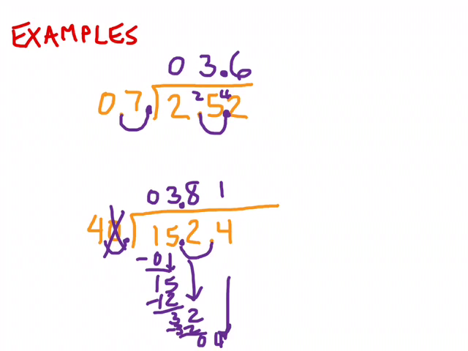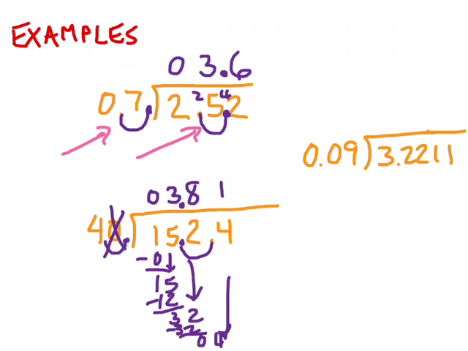Hopefully that all feels pretty manageable. If I was going to stress one thing, it's that we really have a lot of playing around that we can do with the decimals. So whenever you encounter decimals in the divisor, the easiest way to handle it is just move those decimals so that you get to a whole number instead of having to deal with that decimal divisor. And you can do that as much as you want, so long as you remember to do it in the dividend as well.